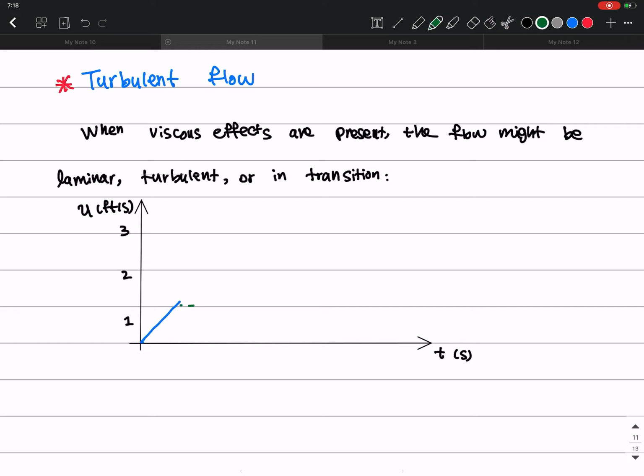So this corresponds to, if I want to write it in terms of Reynolds number, because Reynolds number is actually what really matters for determining the turbulence of the flow.